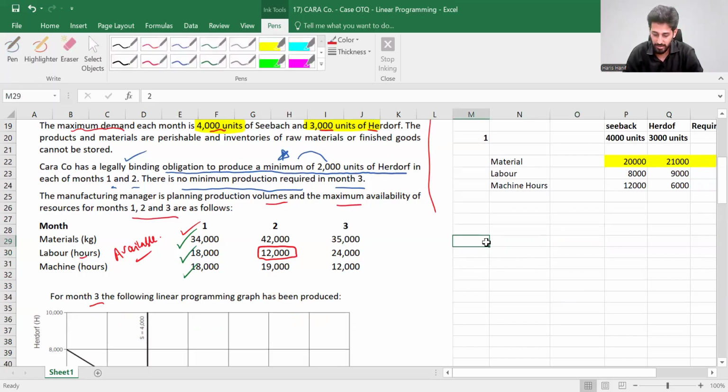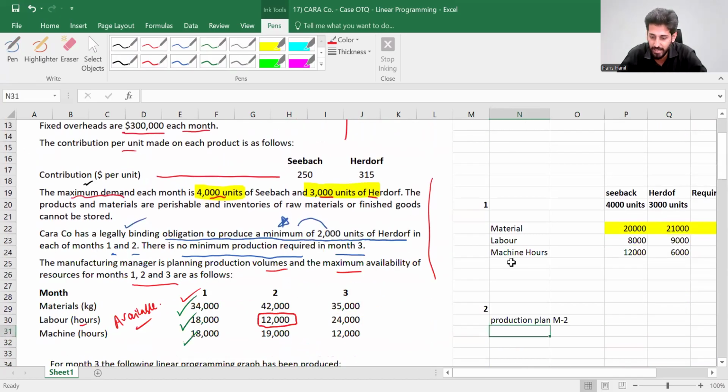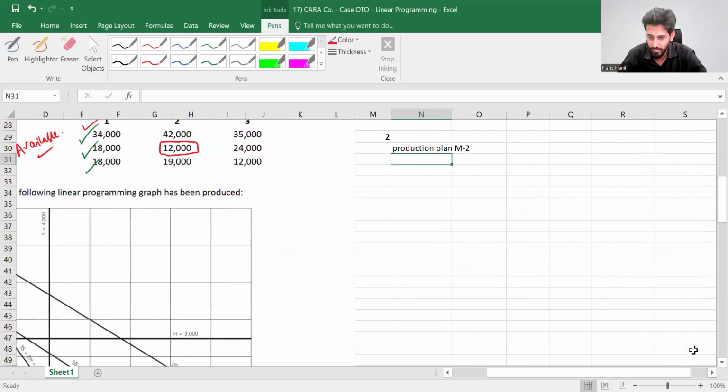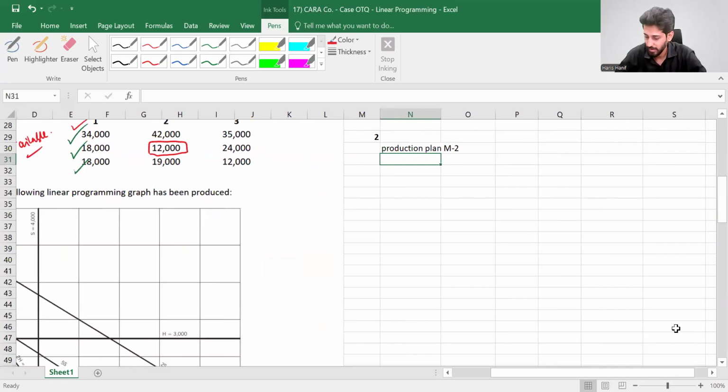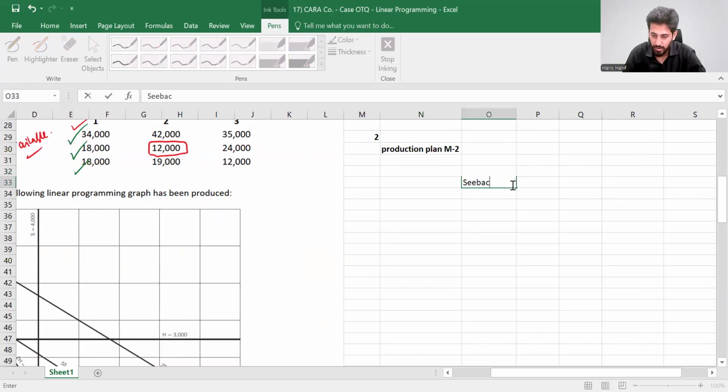Now this is production plan M2, I mean month 2. So there is CBAC and Heard of. I'm writing here CBAC, Heard of.